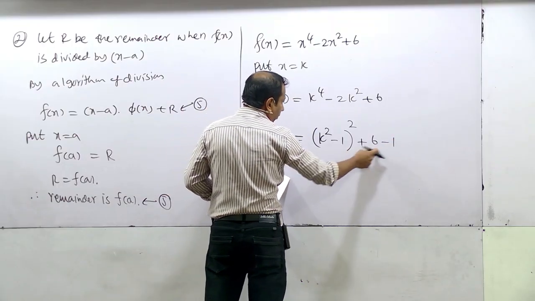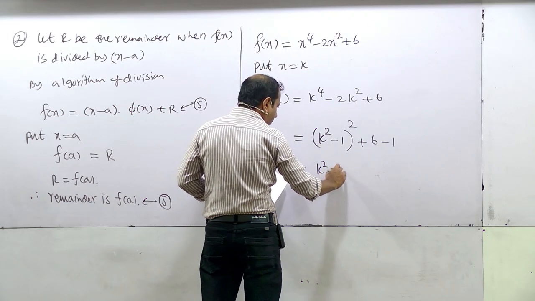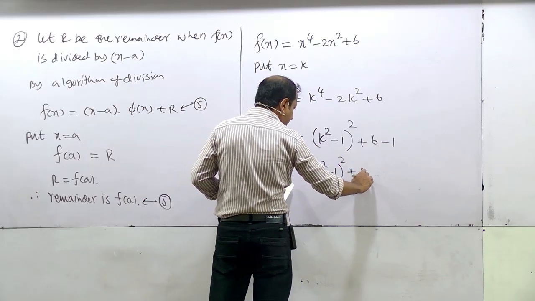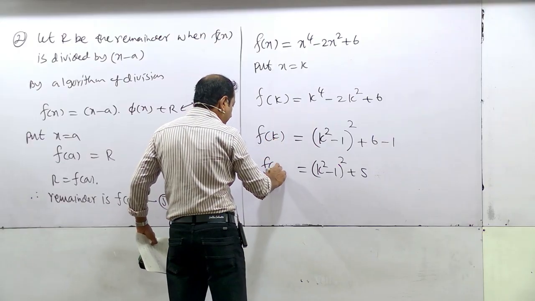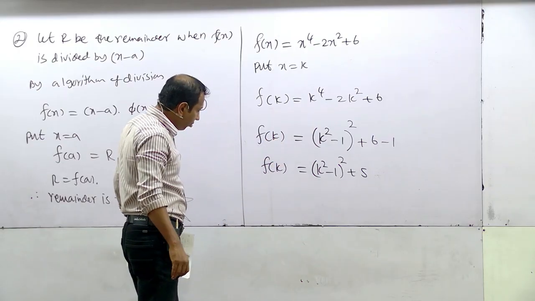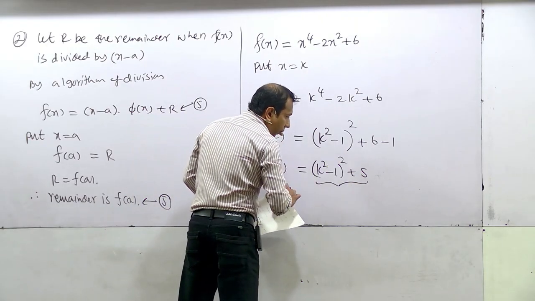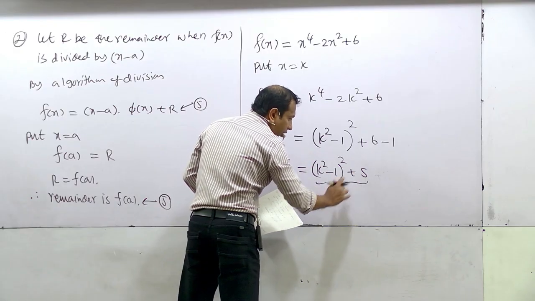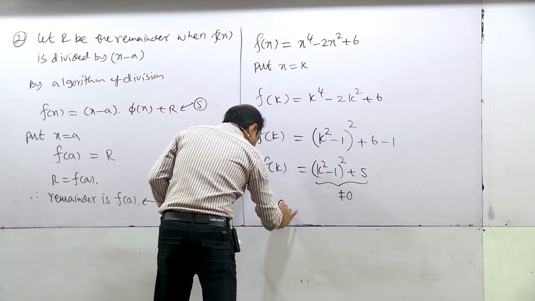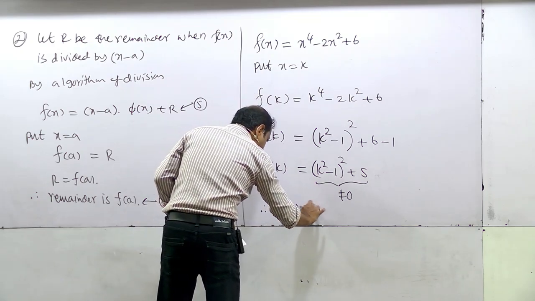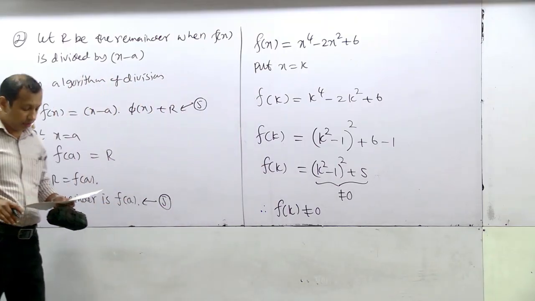When we simplify this, we get (k squared minus 1) squared plus 5, which is our f(k). Now we can see this is not equal to 0. This is a perfect square, and since plus 5 is there, the sum is not equal to 0. Therefore f(k) is not equal to 0, which means x minus k cannot be a factor.